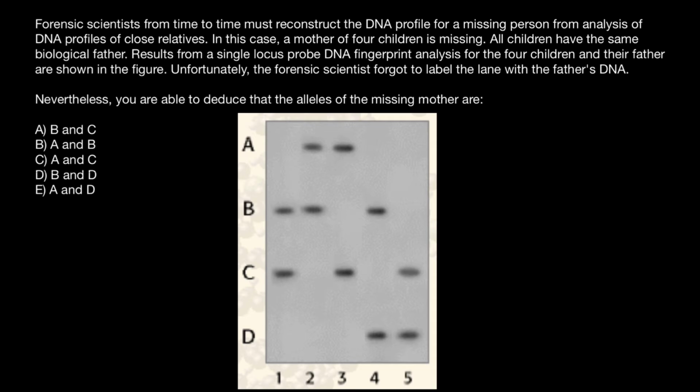Our first hypothesis would be that in line 1, this is going to be the genotype of the father. Let's check if this could be a father of all the rest. So we assume that these are children of this male. For example, in line 2, we see the same band as in the father genotype.